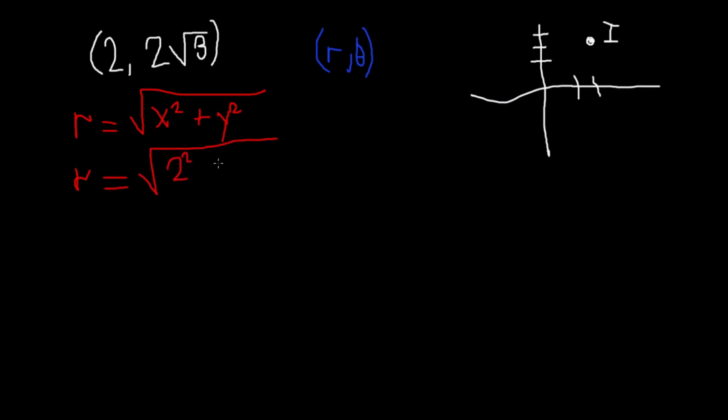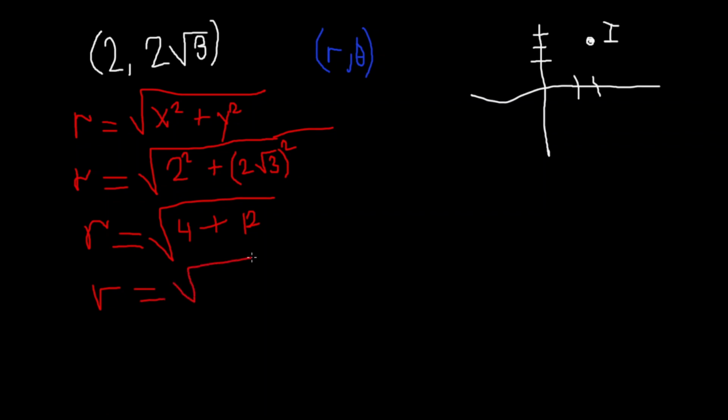So this is 2 squared plus 2 square root of 3 squared, which comes into square root of 4 plus 12, which also equals square root of 16. And we know square root of 16 is 4. So we got our R value, which is 4.